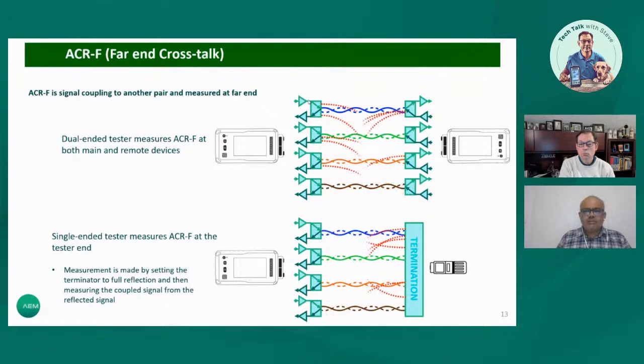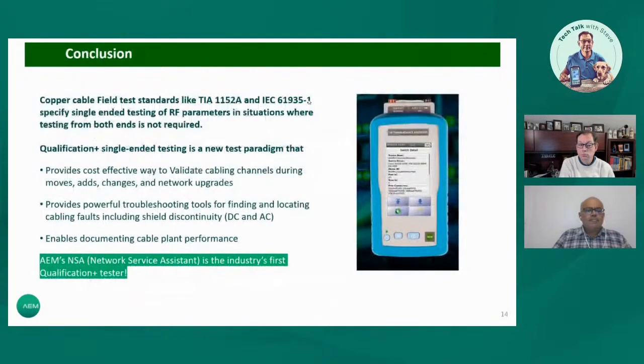So you can do measurements with termination to get a first reference, and then a reflection mode measurement to measure how much crosstalk is actually caused at the far end, received at the far end. Right? So this is how ACRF is also measured in NSA. So I think that covers all the different measurements that I wanted to show.